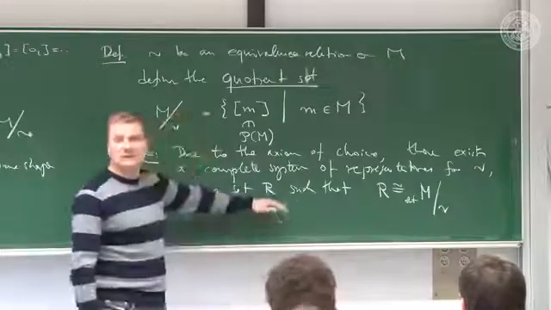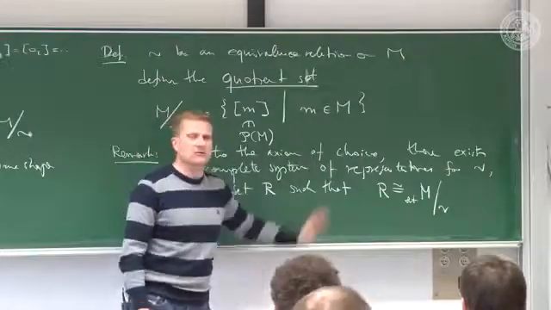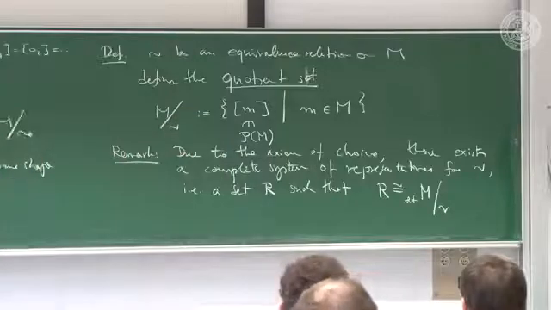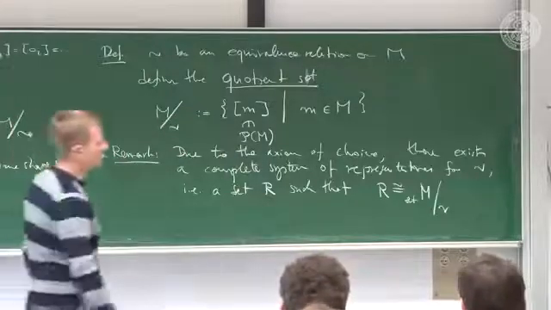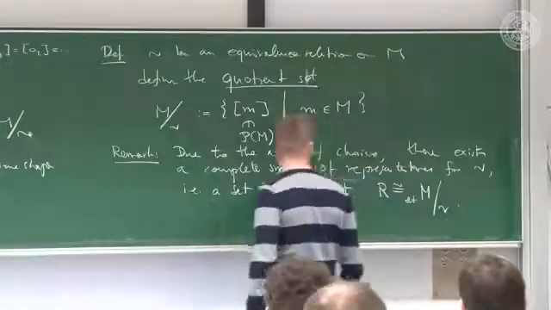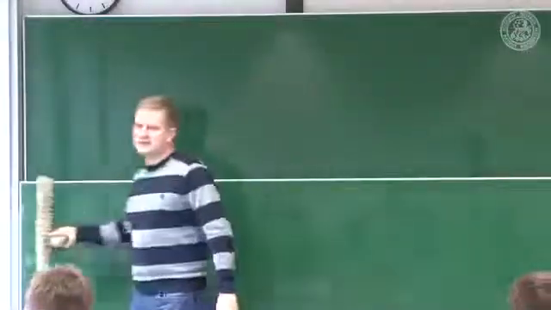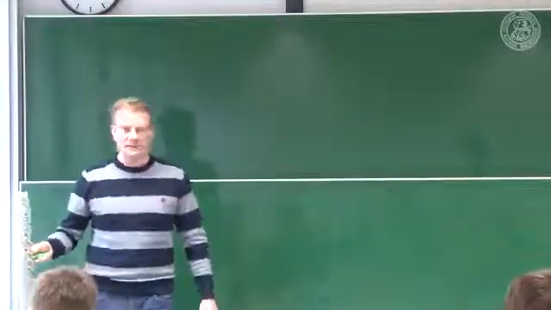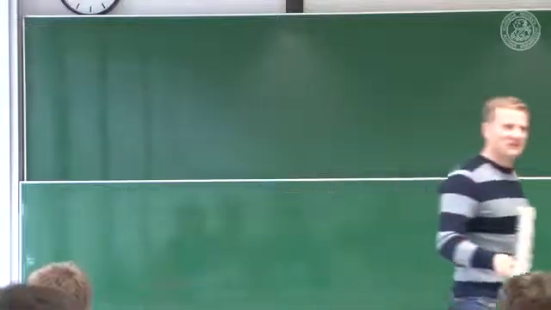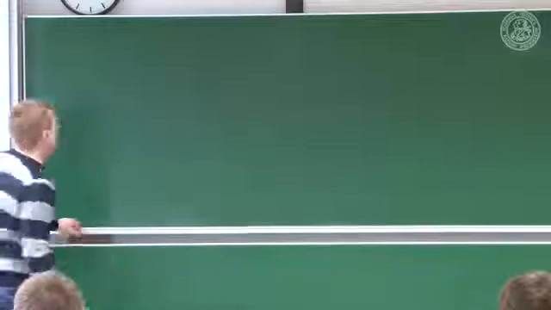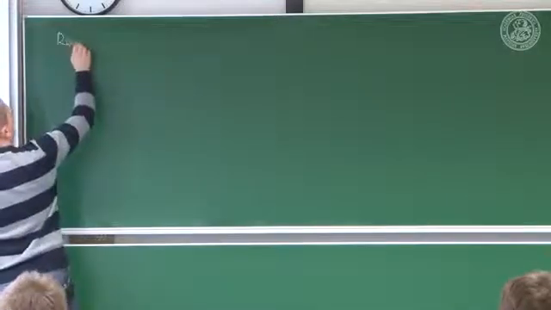But the guarantee by the axiom of choice is there exists a complete system of such representatives. And that's, of course, very useful. So if you wish, it's gender theory in a nutshell that there are several types of equivalence relations on the same set normally. Okay, a further remark is the following.